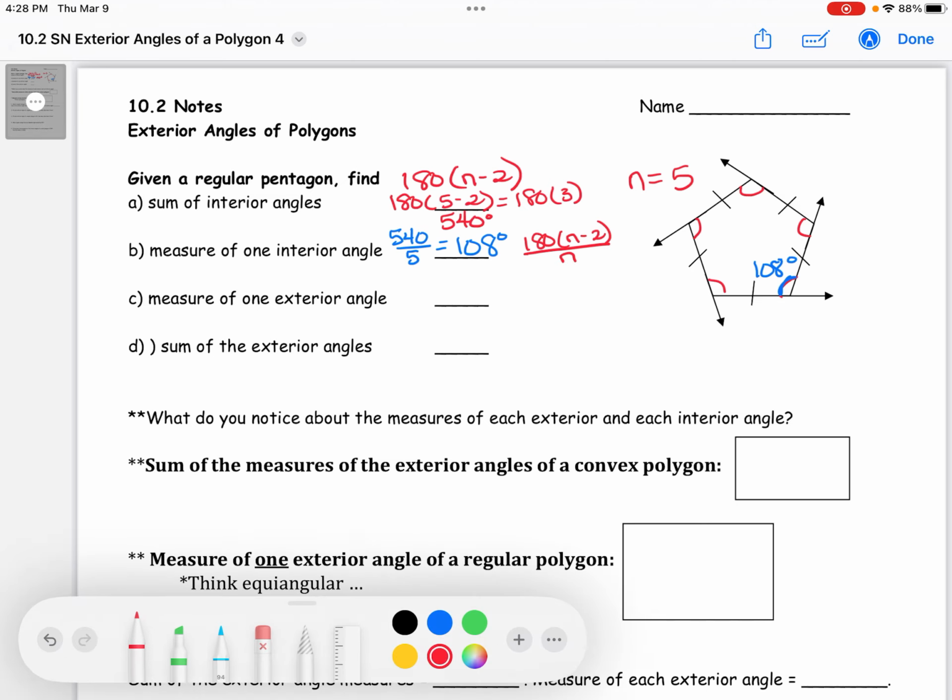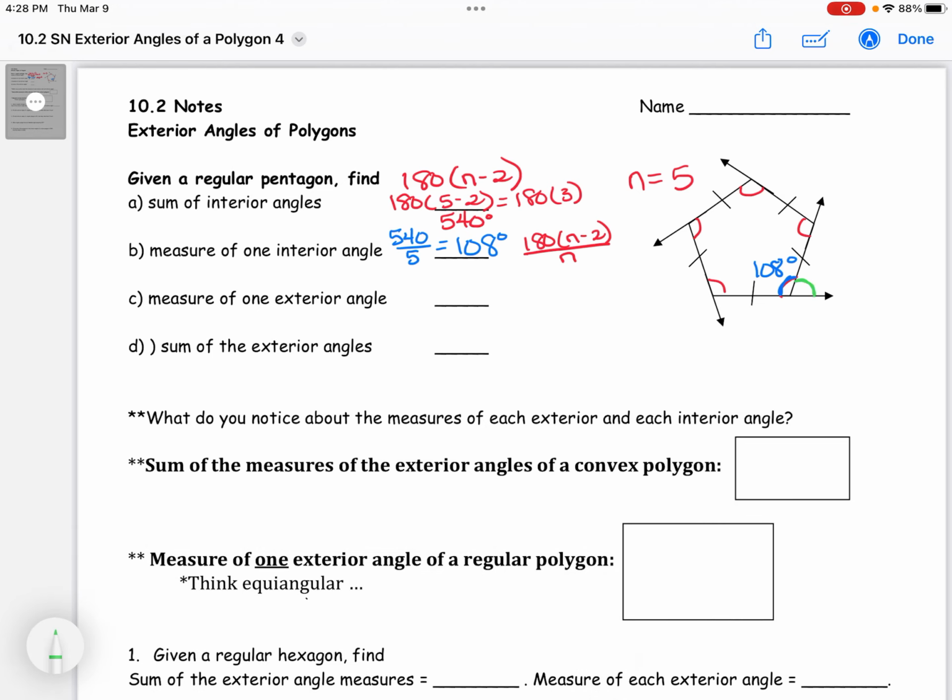Okay. So if you look at the angle you just did, the exterior angle over here, you'll notice those two angles together equal 180. So I should be able to subtract 180 minus 108 to get 72. So 72 degrees. So the exterior angle is 72 degrees.